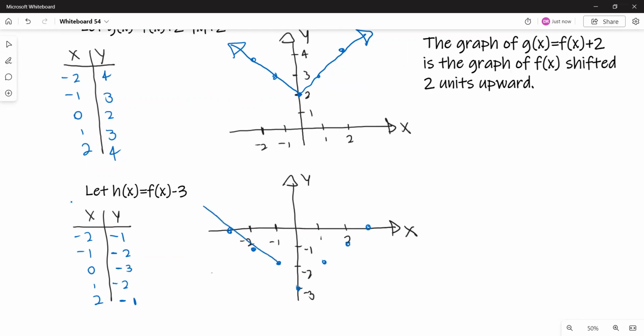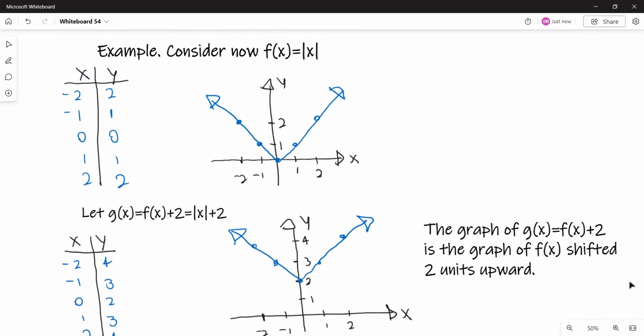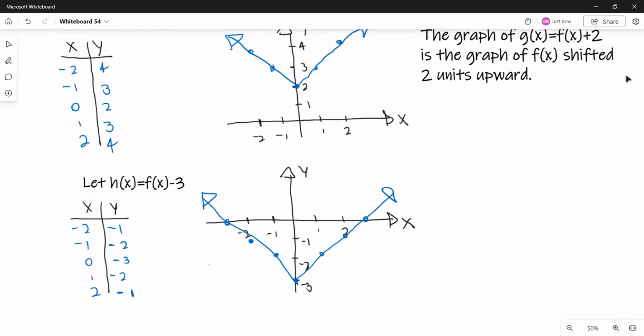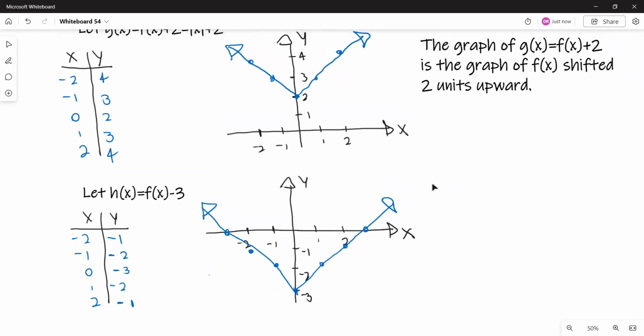So when plotting the points, let's see. You compare it to the original function, the absolute value of x, the graph was shifted 3 units downward.